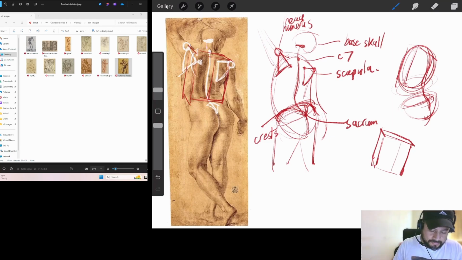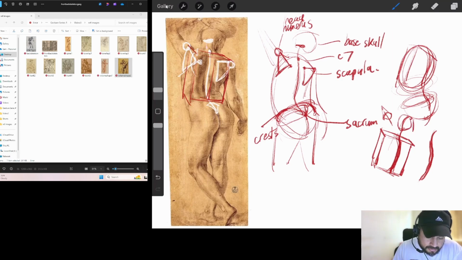So if the front is facing upwards and I draw a wrap line around this cube, then if I use the spine to wrap around that cube, it would feel like that to me. And then you've got the head and it's angled down here.